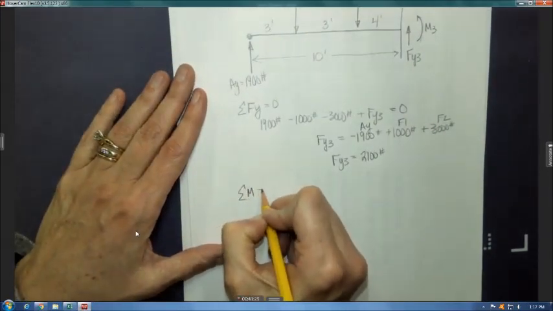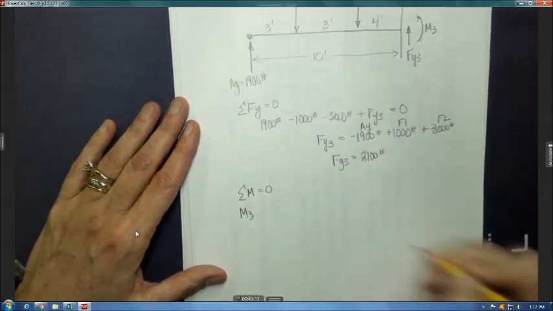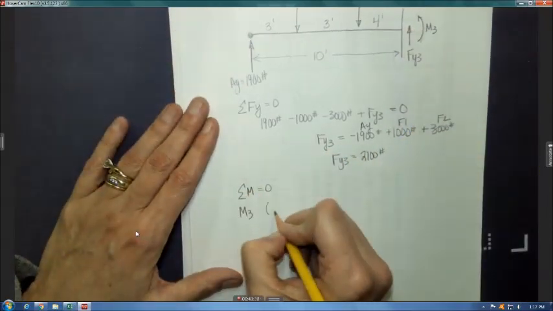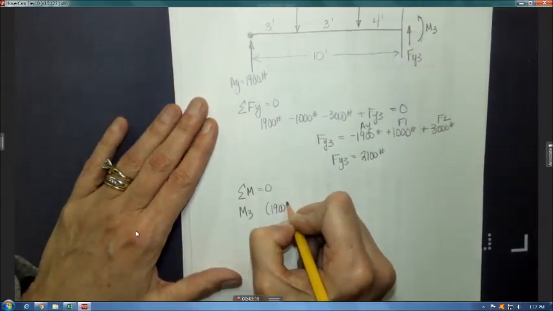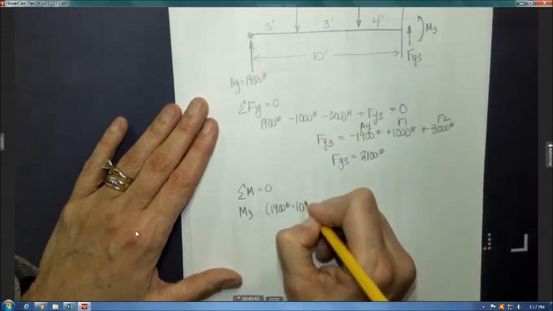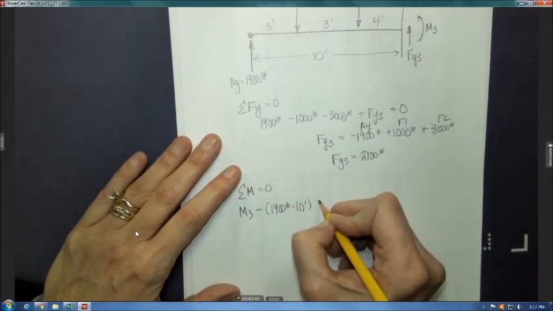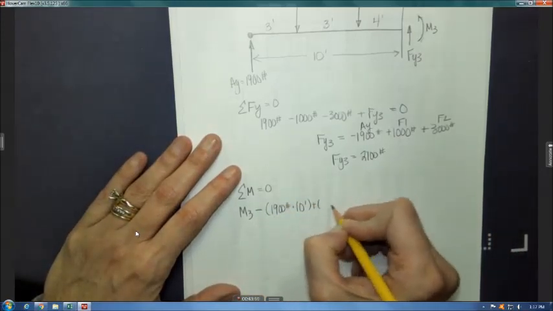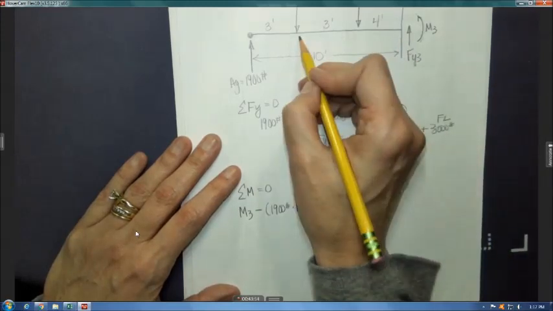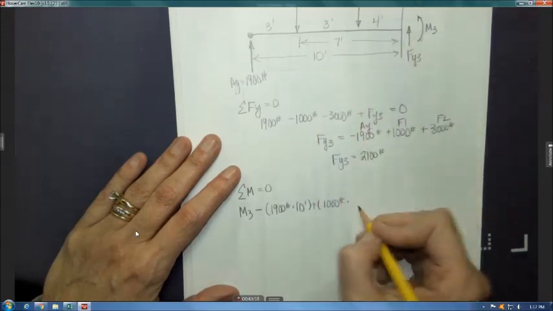And then my internal moment, I'm going to calculate the sum of the moments equal to 0. I'm going to put in my M3 right away. And then I'm going to start on the left-hand side, 1,900 pounds times my 10, okay? That's going to be negative out front. Then I'm going to have a positive 1,000 times, now from here to here is going to be 7 feet, right?